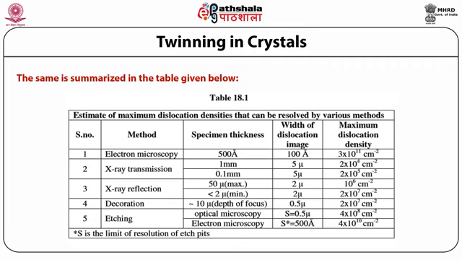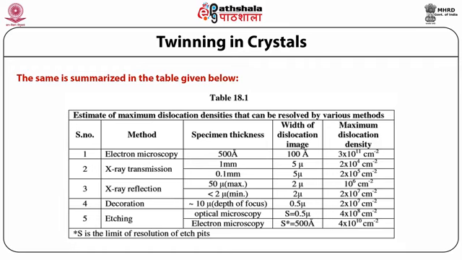Second is X-ray transmission. Specimen thickness can be of two values, 1 mm, which will give width of dislocation image 5 microns, and maximum dislocation density is 2 into 10 raised to power 4 per square centimeter. The other specimen thickness is 0.1 mm. Width of dislocation image is 5 microns, and the maximum dislocation density is 2 into 10 raised to power 5 per square centimeter.